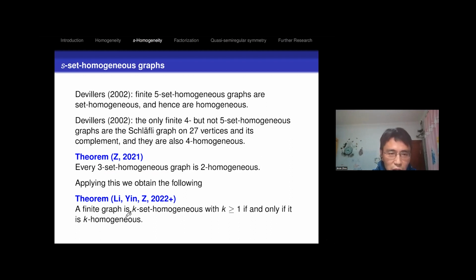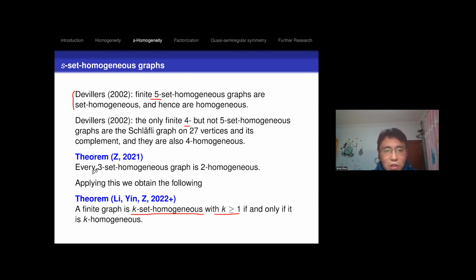A finite graph is k-set homogeneous, where k is a positive integer, if and only if it is k-homogeneous. You can see when k is at least 4, from David's result we know this is true.